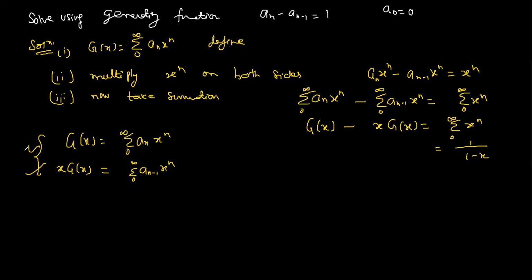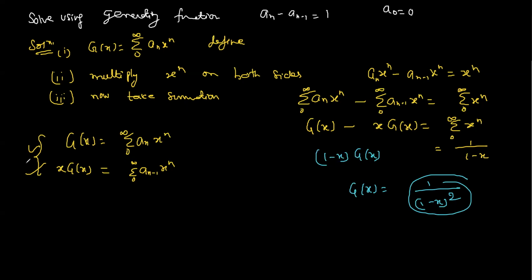Take common. What is common on the left side? G(x). Then G(x) becomes 1 upon (1 minus x) times something. Now check which formula suits 1 upon (1 minus x) square. Third formula. 1 upon (1 minus x) square.